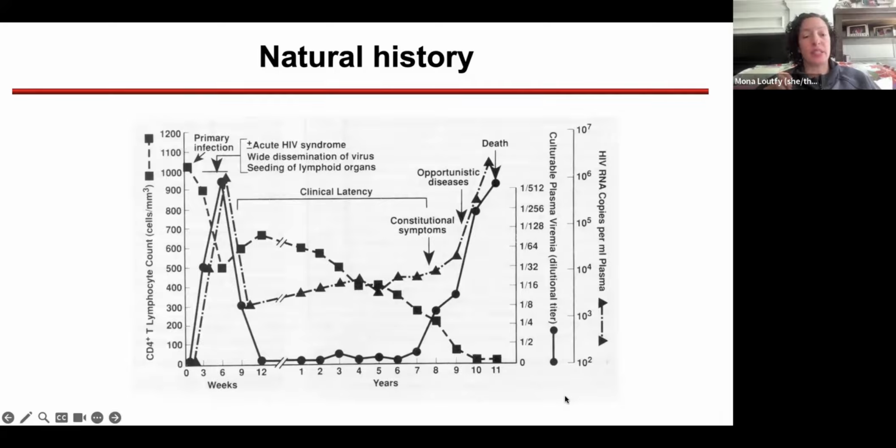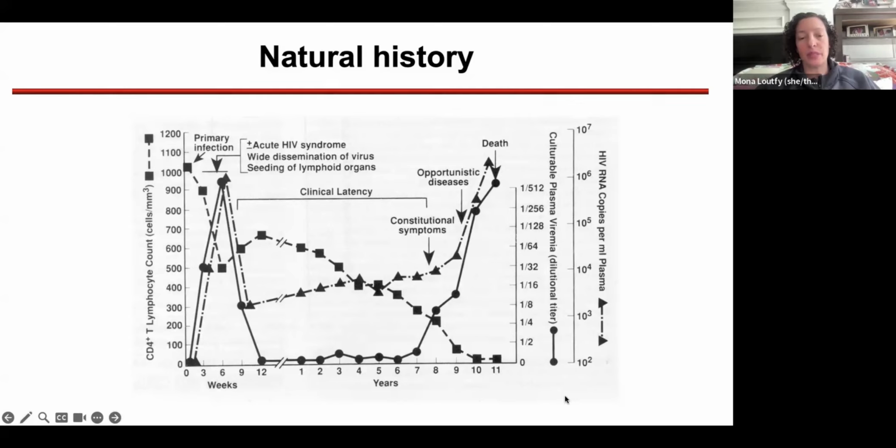And then it goes down significantly in acute infection. And we say that a CD4 count above 500 is a preserved immune system, but it's still not completely normal. A CD4 count really in the 900, 1,000 range, even 1,200, 1,500 is normal.